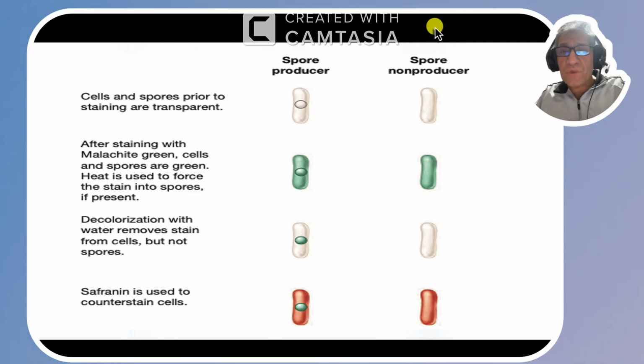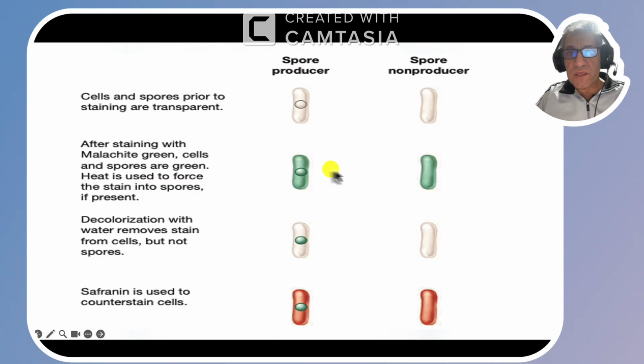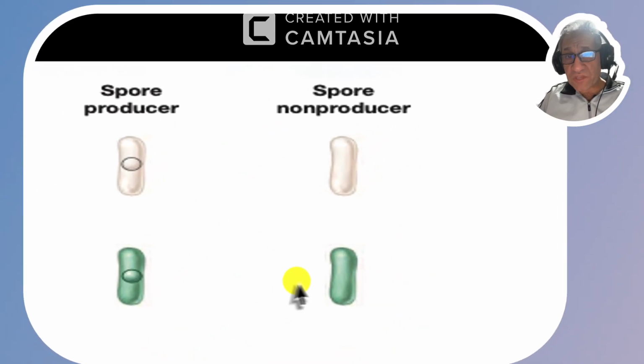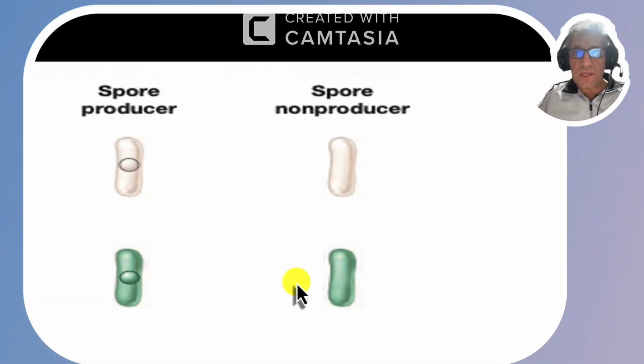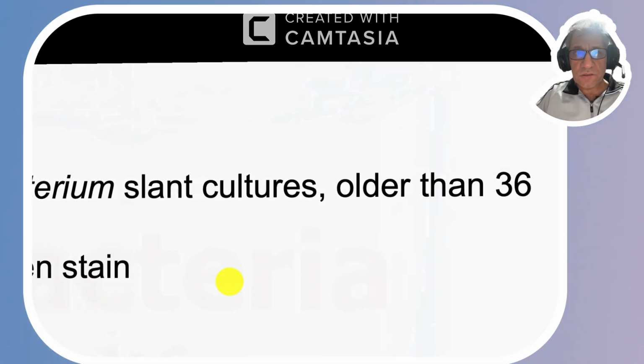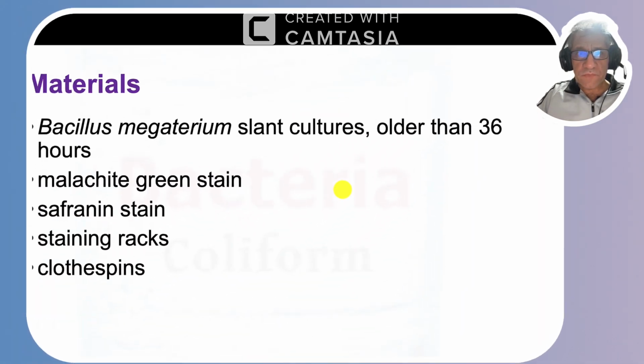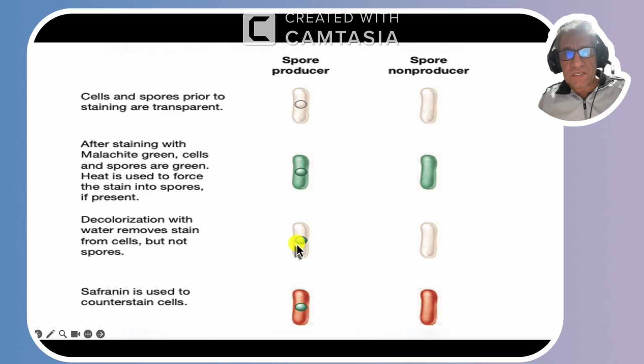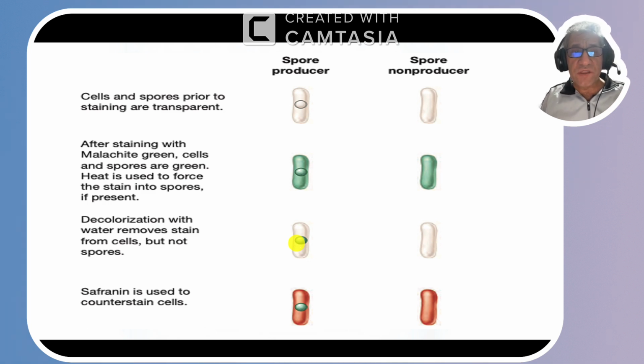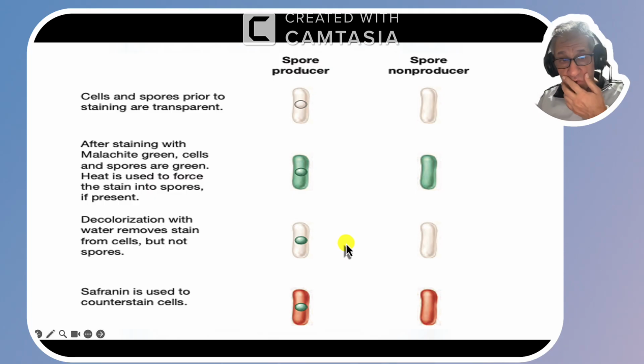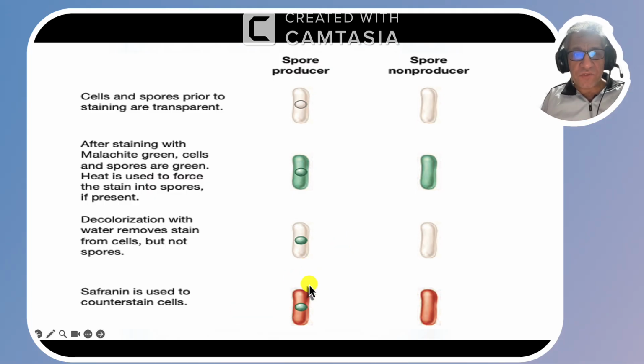After staining, the malachite green will cover all of the cell with green color, and then in the decolorizing step by water or decolorizing solution, the spores will stay green, and the color will be removed from the protein coat of the others. Finally, we do the safranin, which will stain the cells, and the malachite green remains in the spores.